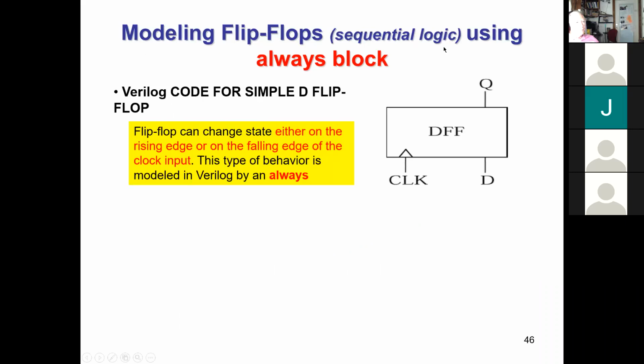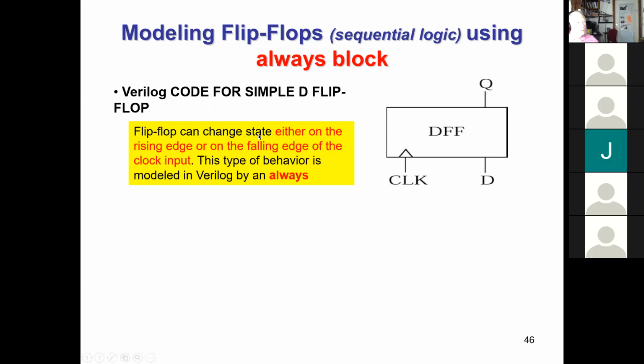So a flip-flop is the quintessential sequential logic device, right? It's how we implement all of our high-speed memory in the operating cores of our various processors. That's true across the board. And so here's the Verilog code for a simple D flip-flop.